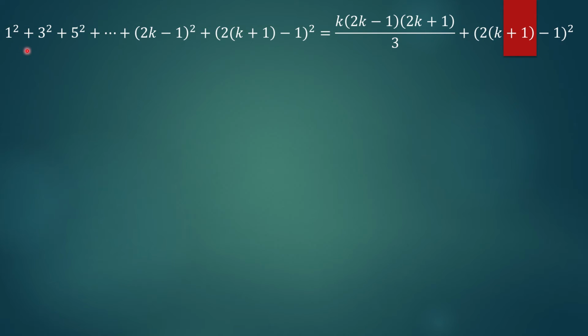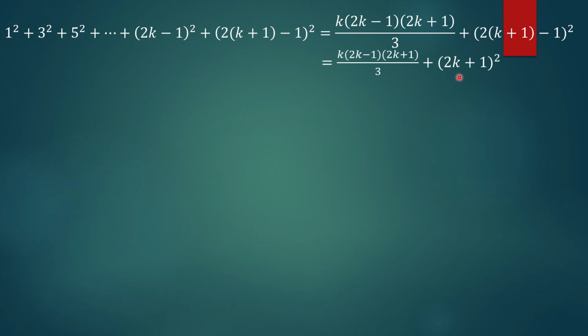Now, 1 squared plus 3 squared plus 5 squared plus ellipsis plus the quantity of 2k minus 1 squared plus the quantity of 2k plus 1 minus 1 squared is equal to k times the quantity of 2k minus 1 times the quantity of 2k plus 1 all over 3 plus the quantity of 2 times the quantity of k plus 1 minus 1 squared.